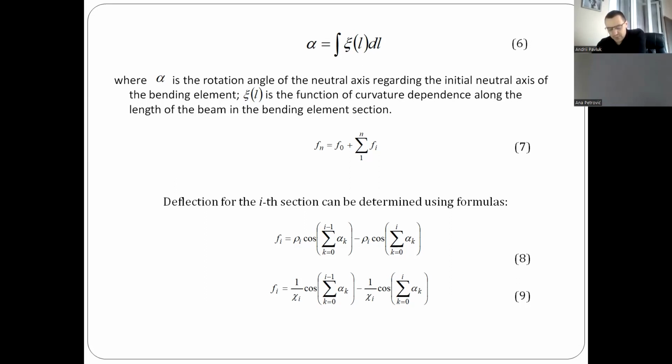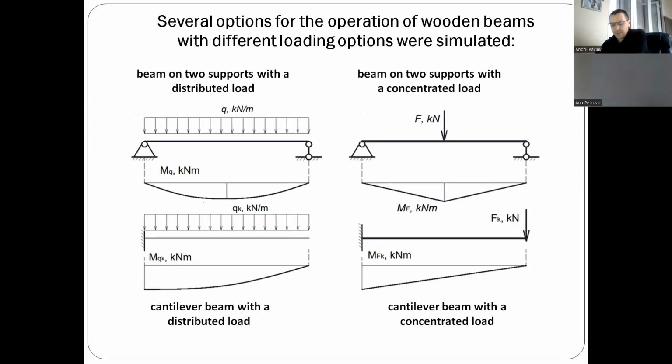The deflection of the beam with symmetrical load will be equal to the sum of all deflections of sections with constant curvature, as well as the initial deflection of the point from which the deflection is determined, formula number 7. And deflection for the section can be determined using formulas number 8 and 9. At the same time, deflection should be determined from the point where the value of the initial angle of rotation alpha 0 of the beam is known.